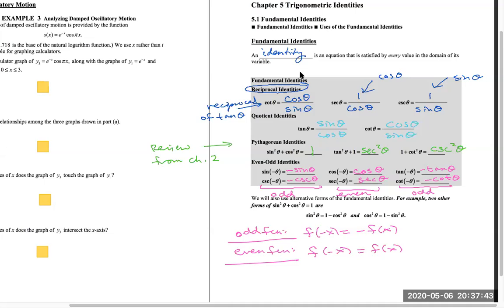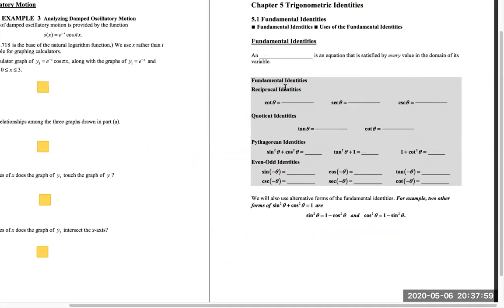All right, let me save that picture, and then you can pause the video if you need to look at this some more. I'm going to clear this out. Now, what I want to talk about next is algebraic manipulation.